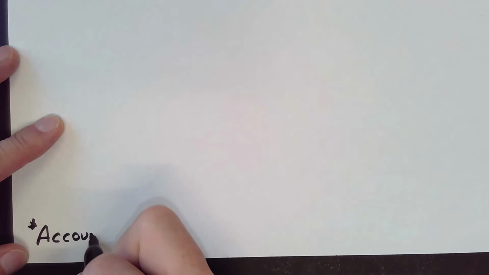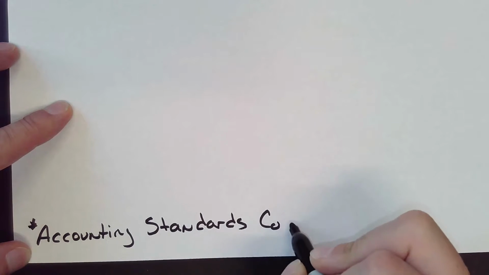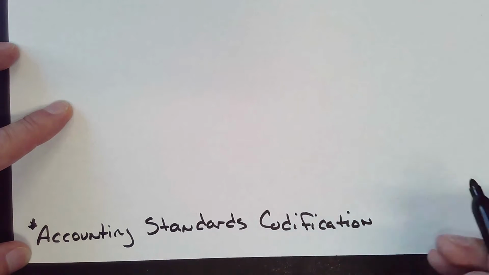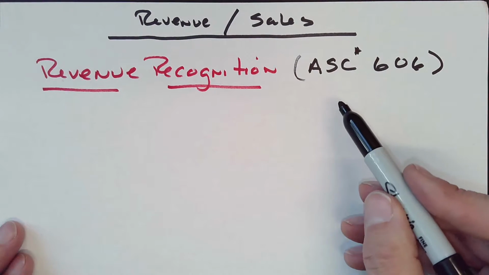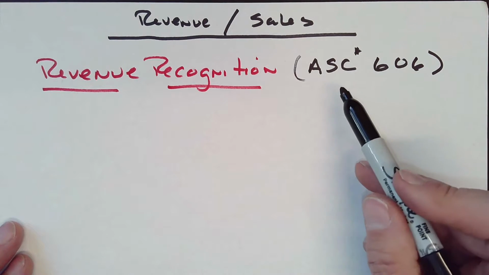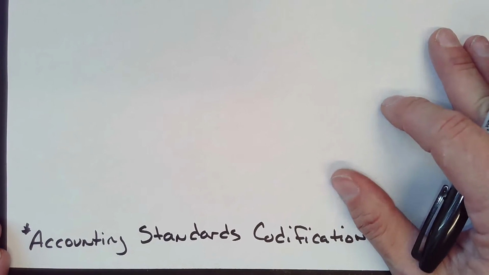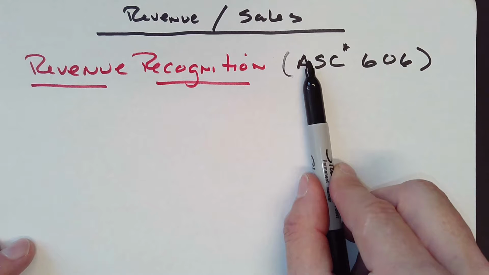This is the Accounting Standards Codification. Do you have to know this? No. But if some auditor or accountant or somebody says, well, that's ASC 606, you're not just going to be scratching your head going, what the hell does that mean? You know what ASC stands for, and they are quoting some chapter within that code.